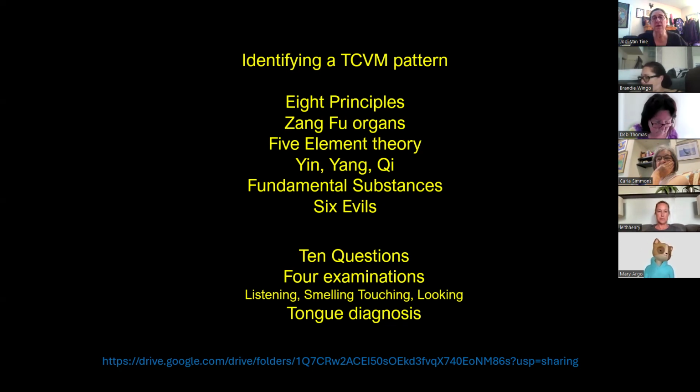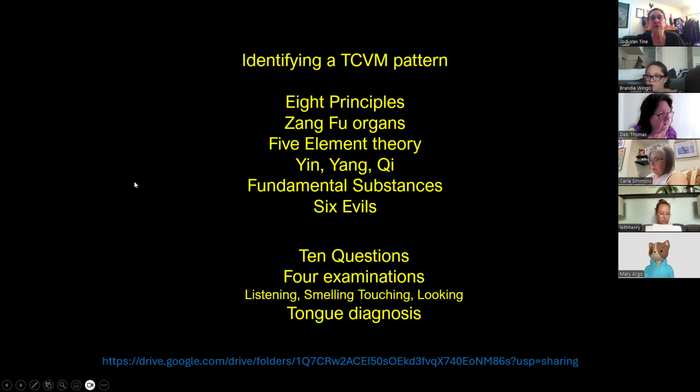So last week, we had 2 sessions. One was on identifying a TCM pattern, and the first session was looking at different TCVM treatment principles. We looked at the 8 principles. We looked at the Zang Fu organs. We reviewed 5-element theory.